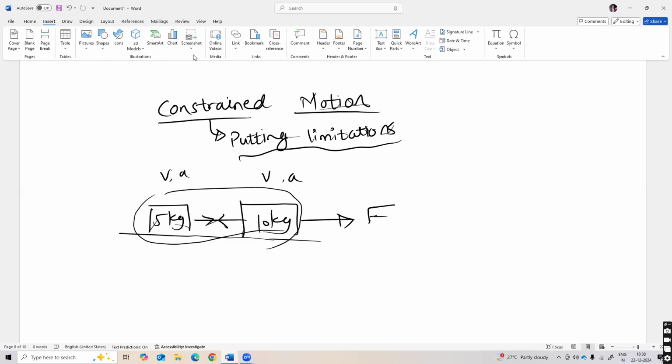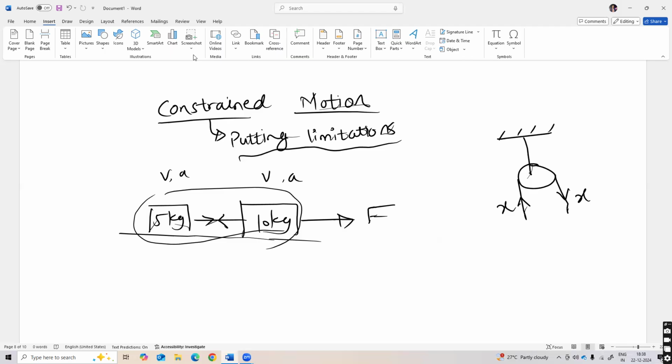Similarly, if you see the pulley arrangement, now if this side of the rope moves by distance x, then of course this side will also move by distance x. So it is constrained.